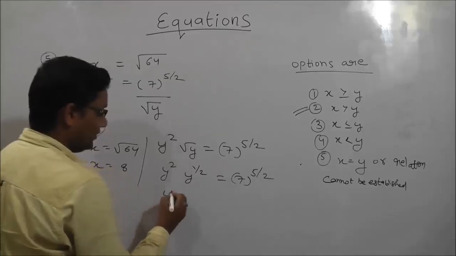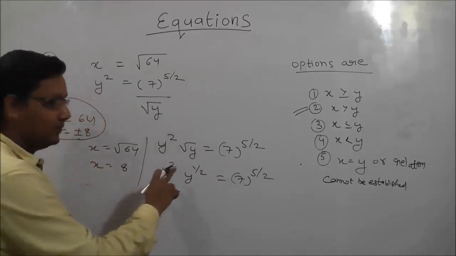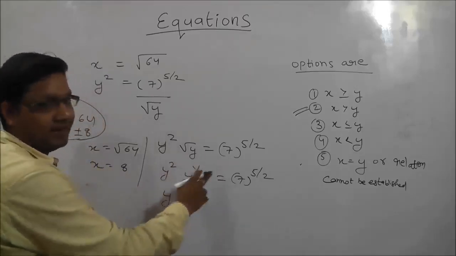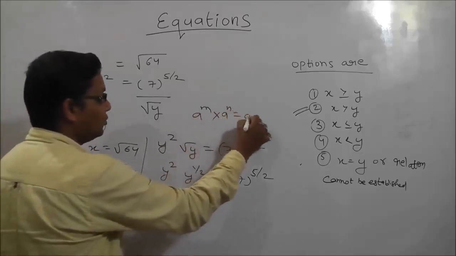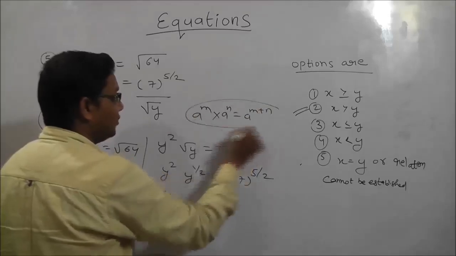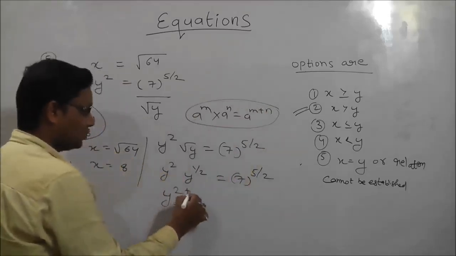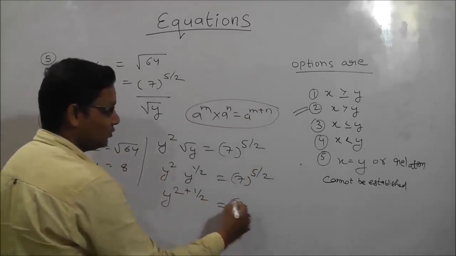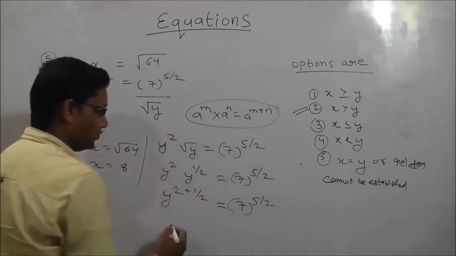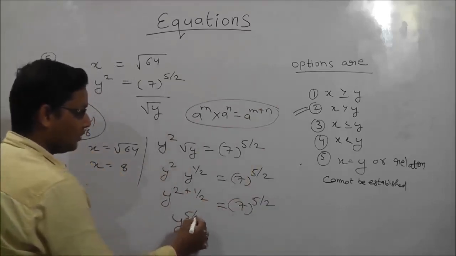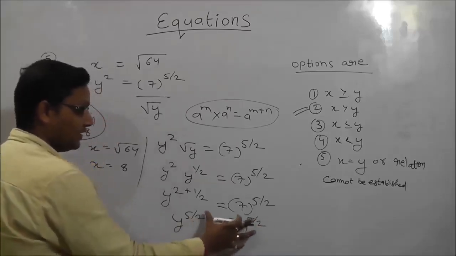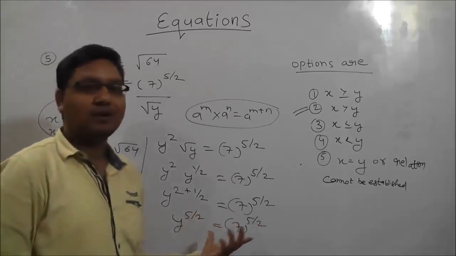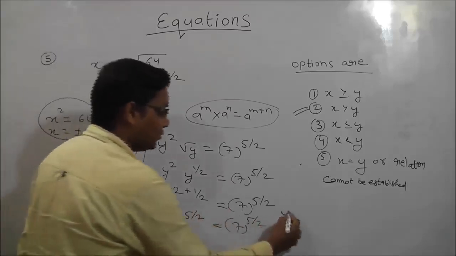So a to the power m into a to the power n equals a to the power m plus n. We know this formula. So what is 2 plus 1 by 2? y to the power 5 by 2 equals 7 to the power 5 by 2. So here we are getting both sides 5 by 2, 5 by 2. So y will be equal to 7.